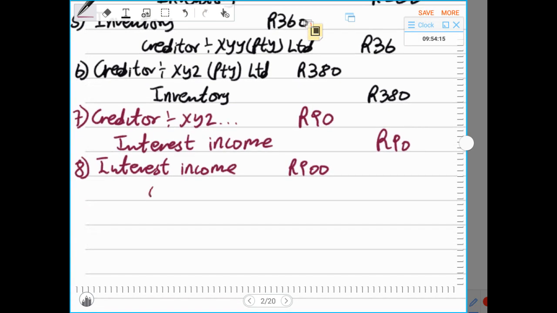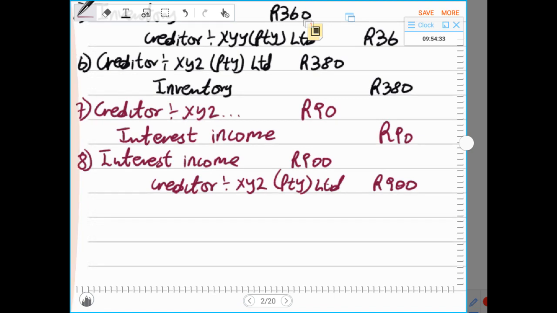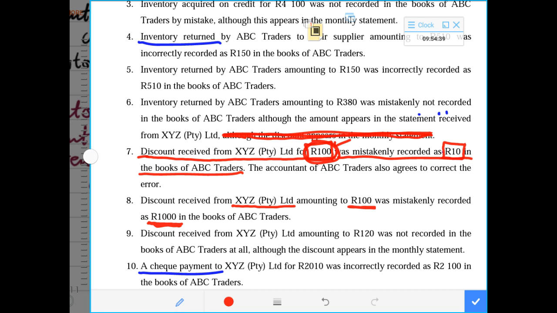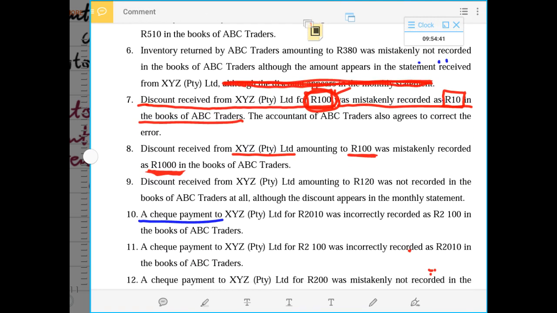Then after, we credit our creditor, where we are increasing because it was over decreased by an amount of 900. Then we have XYZ Pty Ltd being our creditor. Then let us go to entry number 9, which is almost approaching the end. These are very important journal entries, easy to master at the same time.